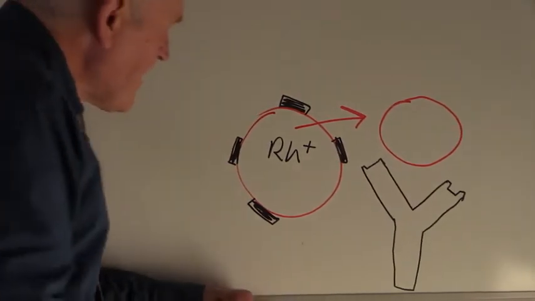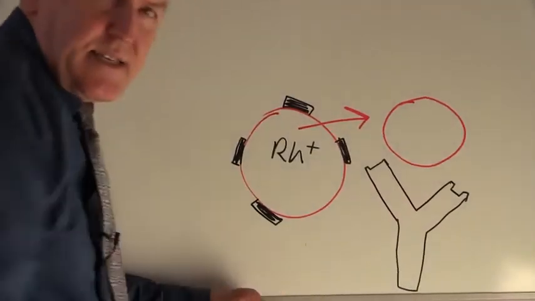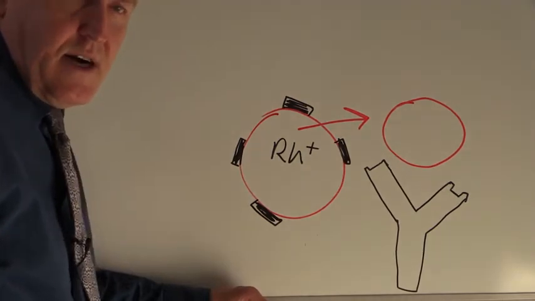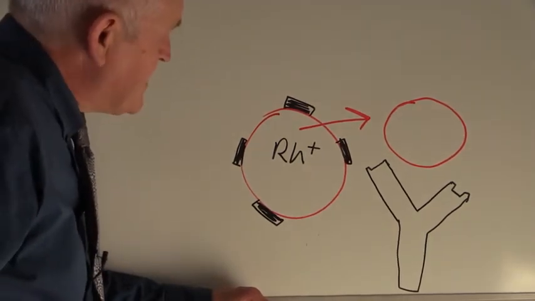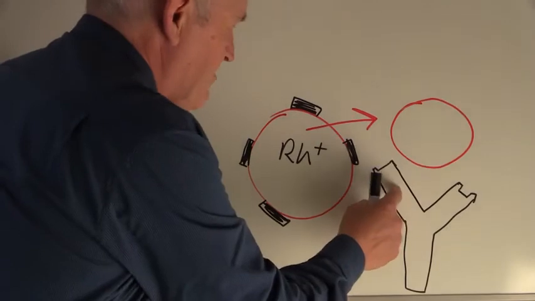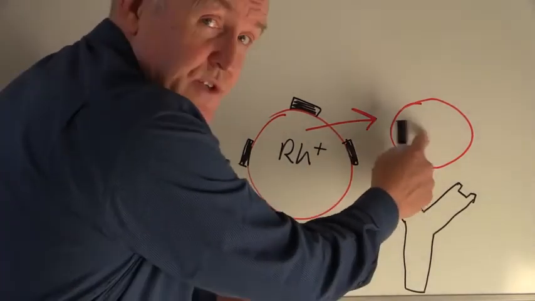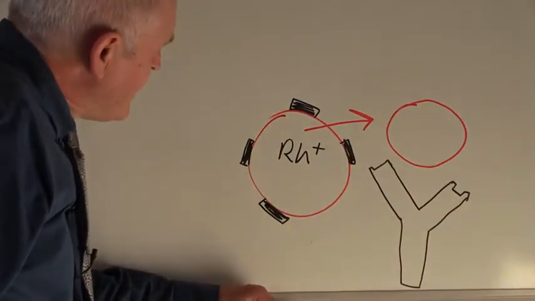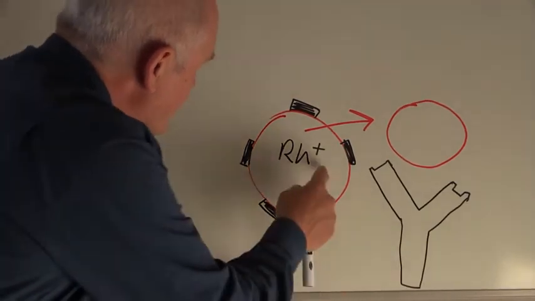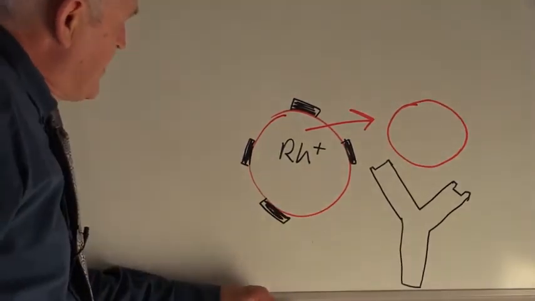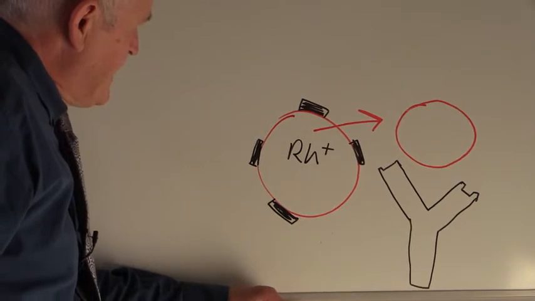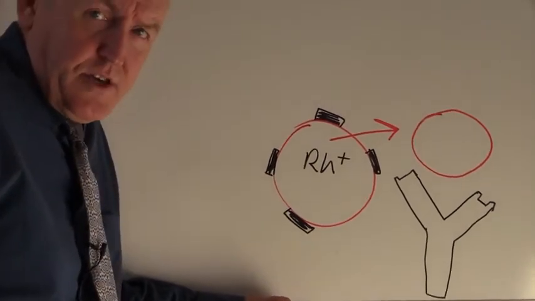immunoglobulin. So these rhesus factor antibodies, the IgGs in this case, will only be produced by a recipient who is rhesus negative, who is exposed to rhesus positive blood. That is the essence of the physiology.